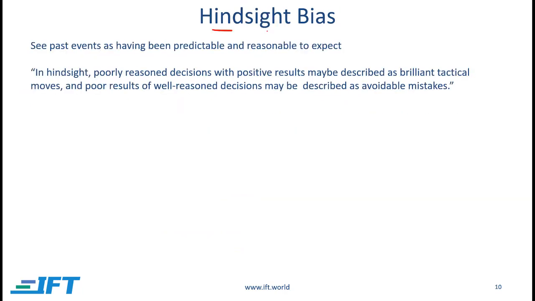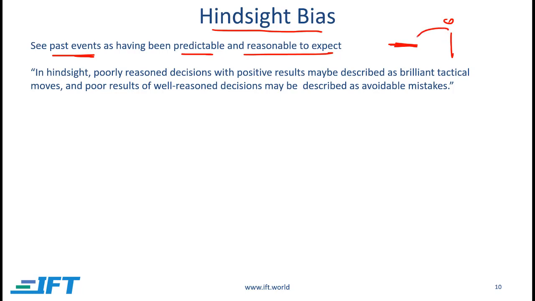Next, we have hindsight bias. People with this bias see past events as having been predictable and reasonable to expect. So let's say we are at this point in time and a certain event occurred. Let's say that the financial markets crashed.